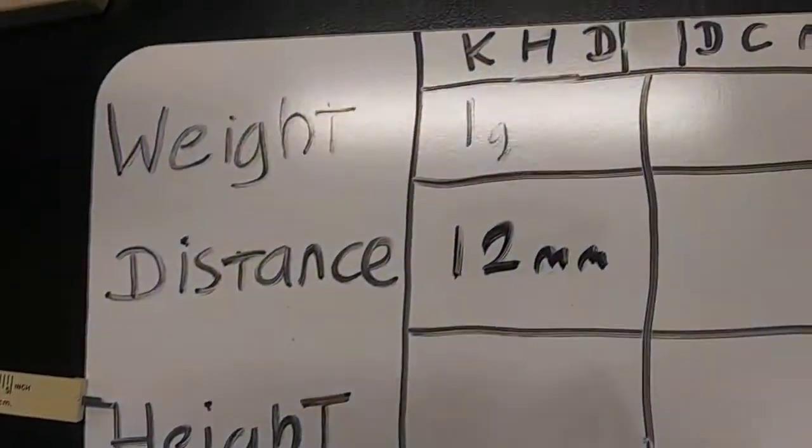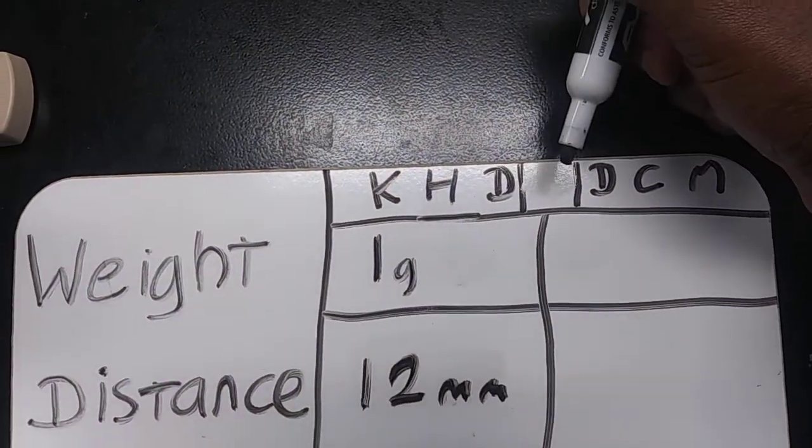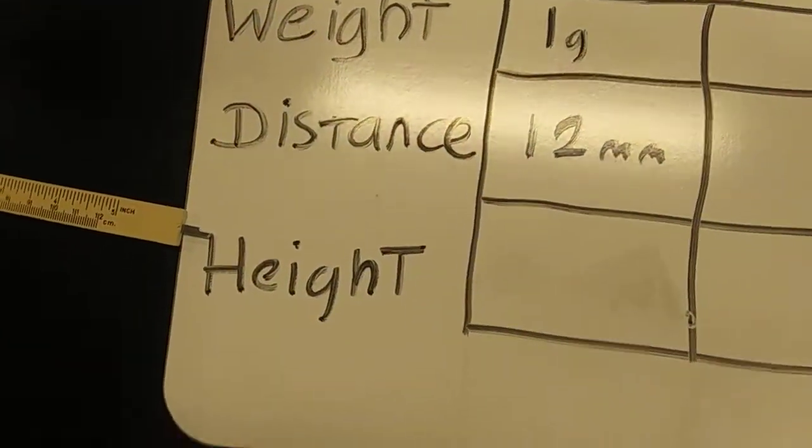Which we then have to convert from millimeters over to meters, the base unit. So you guys will do that. Width of the marble in meters, weight of the marble in kilograms.